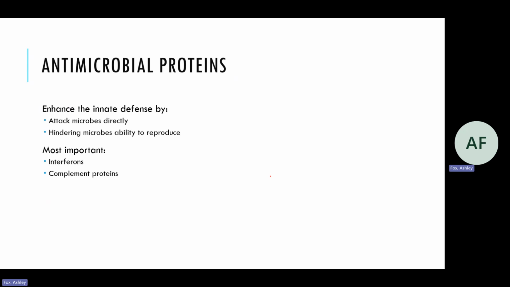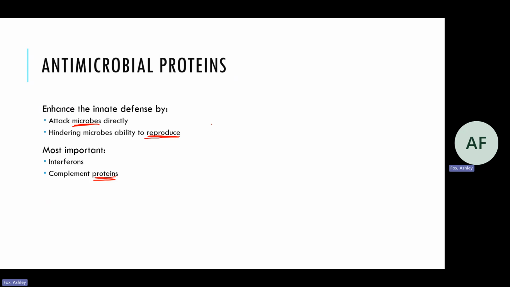So antimicrobial proteins, they can either attack microbes directly. So again, this is going to be interferons and complement. Complement can attack microbes directly themselves. They're going to be protein molecules that help with immune response, again, innate immunity. But they also stop microbes being able to reproduce.